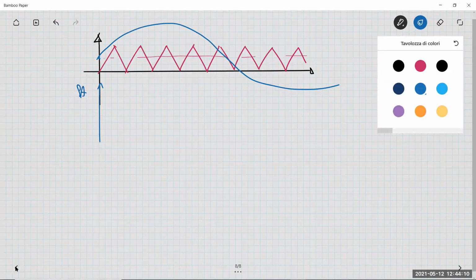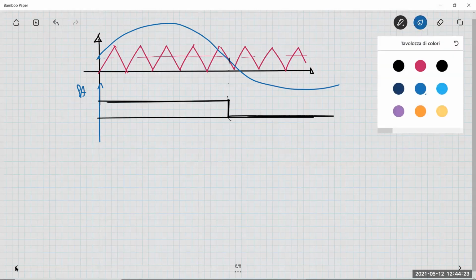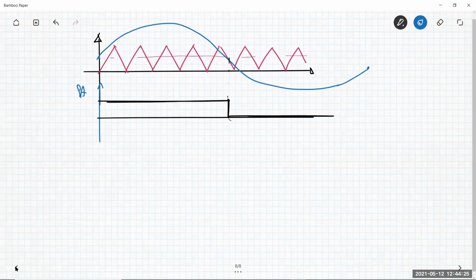QA becomes, let's say, like this. This is T1. So for T1, you have T1 over 2, in which you have TA plus, and the other half of the period in which you have TA minus.